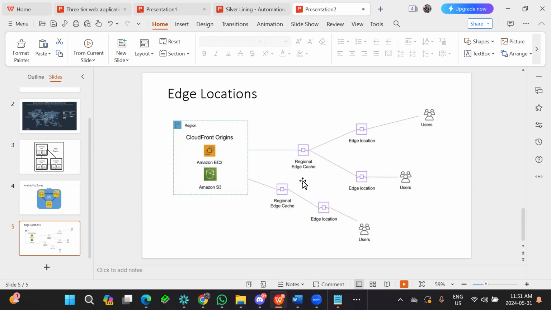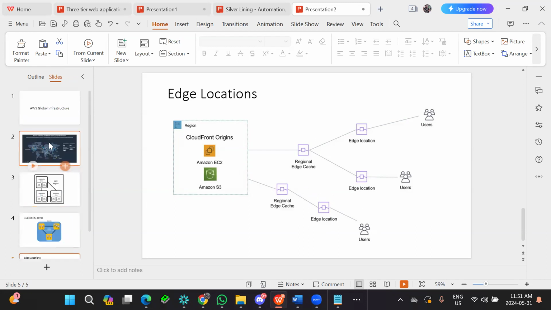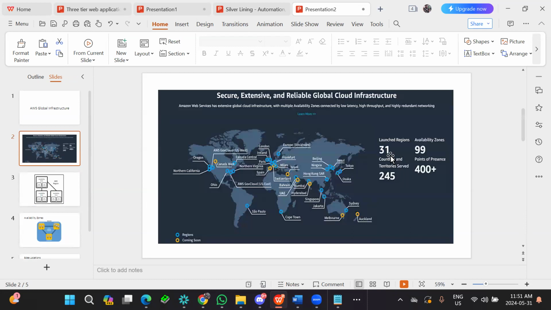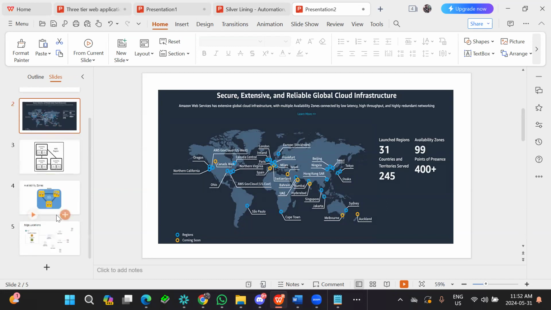So why do we have up to 33 AWS regions and about 100 availability zones and 400 plus points of presence worldwide? The first major reason is high availability and fault tolerance.